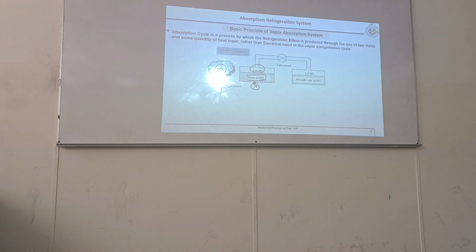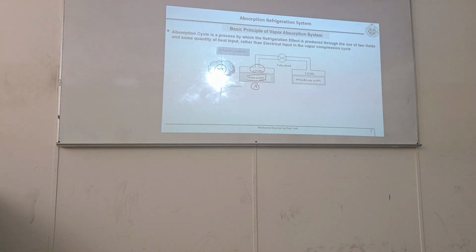At 30 degrees Celsius, the water vapor pressure will be 4.24 kilopascal, which we can see from the table. Because evaporation is taking place at all temperatures. Boiling occurs at a particular temperature, but evaporation takes place at all temperatures.